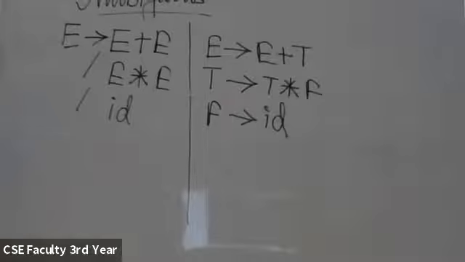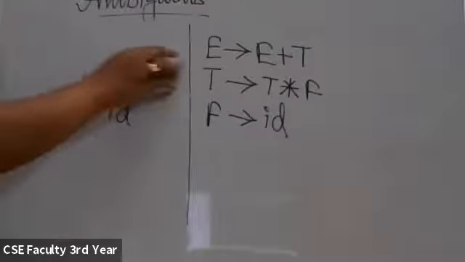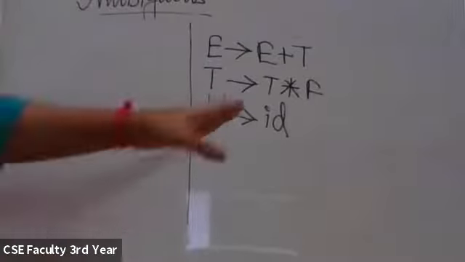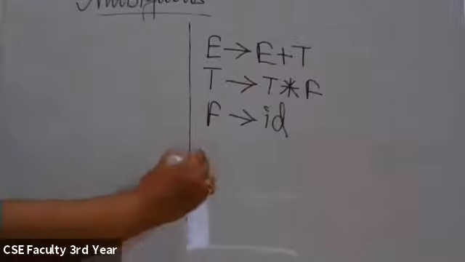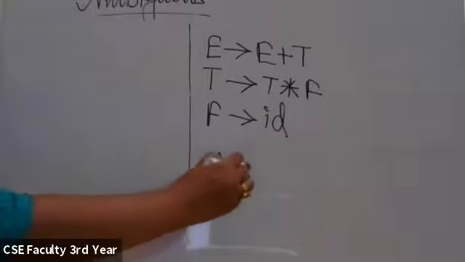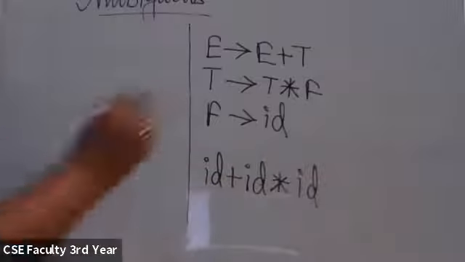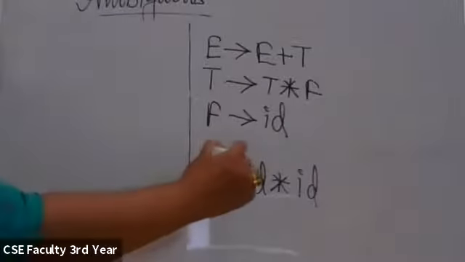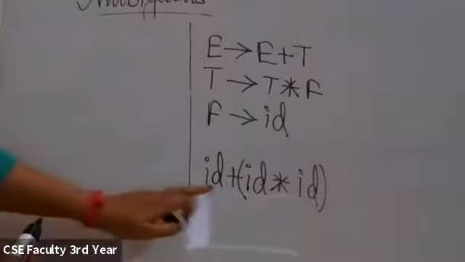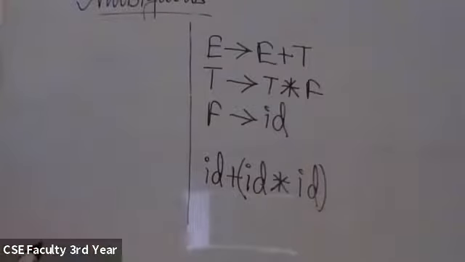Now let us try to construct the parse tree for ID plus ID into ID. Let us see what we get. Based on that, we will make some other modification also. This is not complete. I have not written the complete one because you will not understand till you draw the parse tree. So this is the input. This should be evaluated first, and these operators are both left associative. Let us see what we get from the grammar.